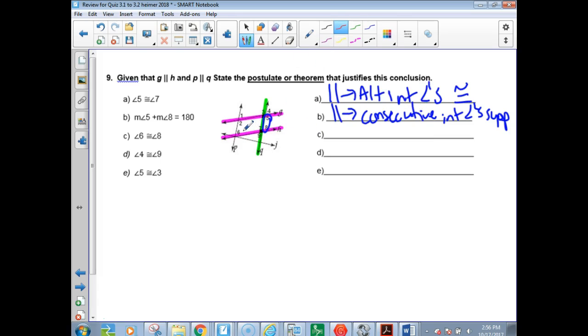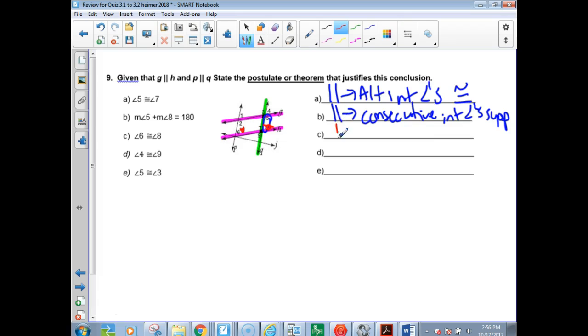All right, next I'm looking at 6 and 8. Guys, careful. They're not alternating. They're not jumping over the transversal. 6 and 8 are in the same position.